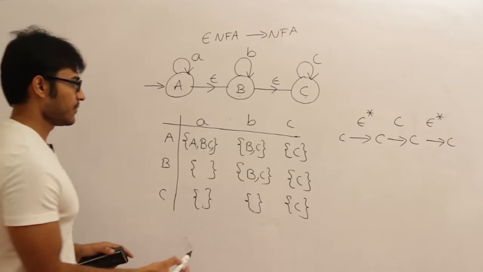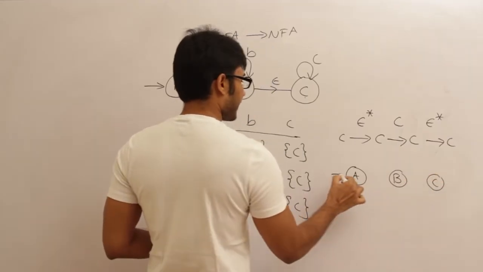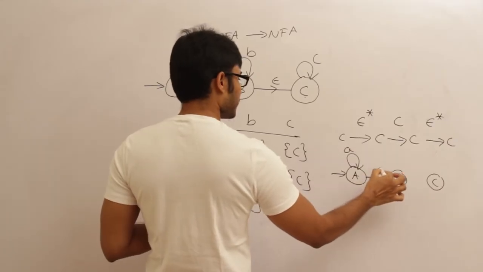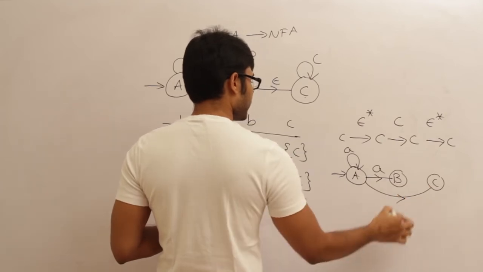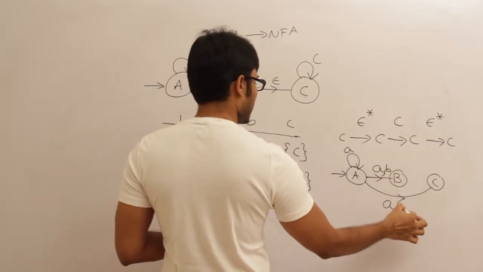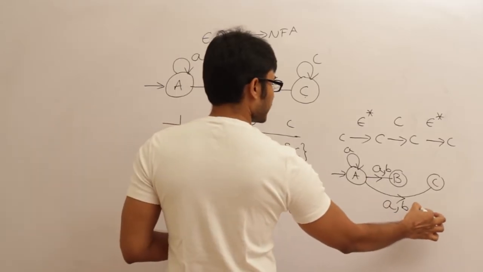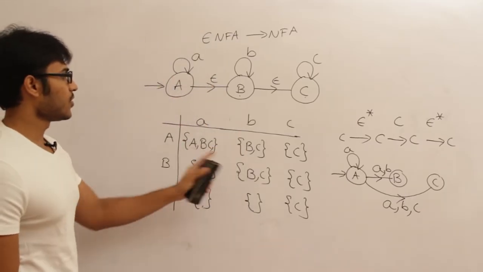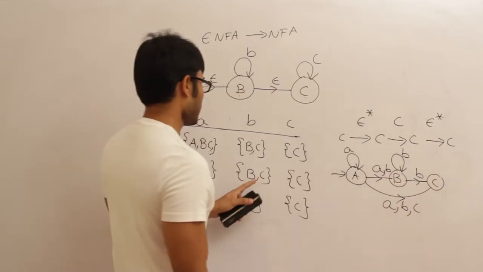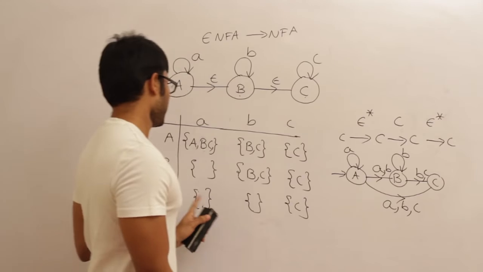So if you draw the NFA for it, the NFA will look something like this: capital A, capital B, capital C. On small a, it will either stay here, or it will go to B, or it will go to C. And on small b, it will go to B and C. And on c, it will go to C. Next one, B. Capital B on small b is going to B, C. And capital B on small c is going to C. What about capital C?